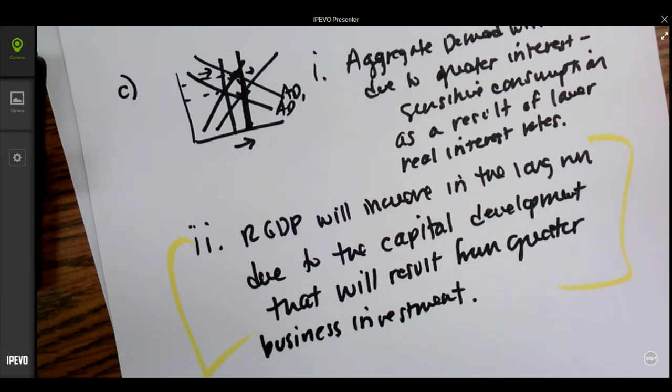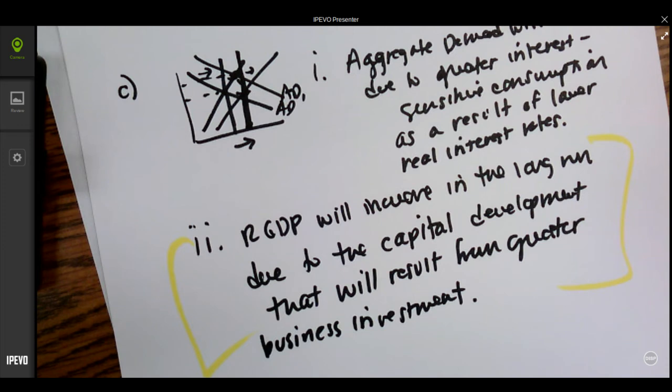But what we're operating on here is a macroeconomic theory that if we lower interest rates, then businesses will have incentive to borrow that money, and their incentive to develop capital goods to increase their production and productivity is advantageous for their businesses.